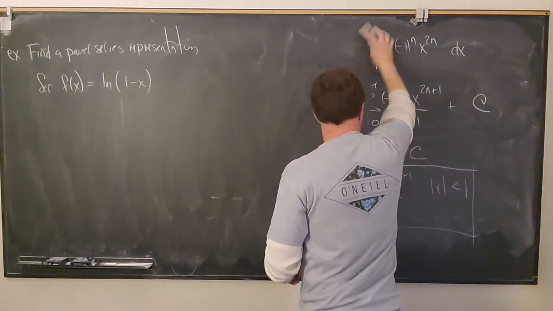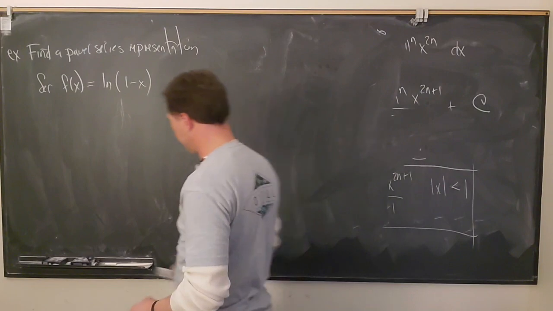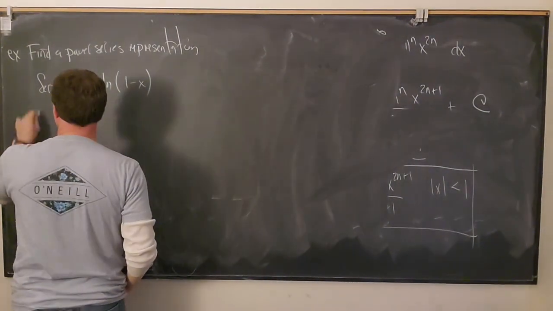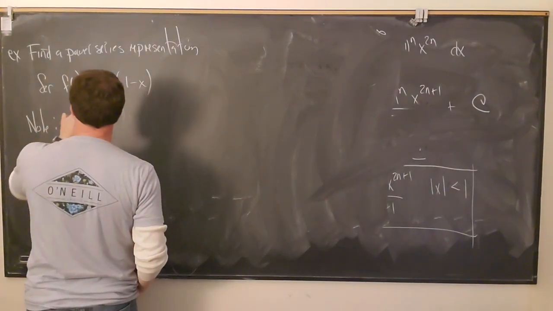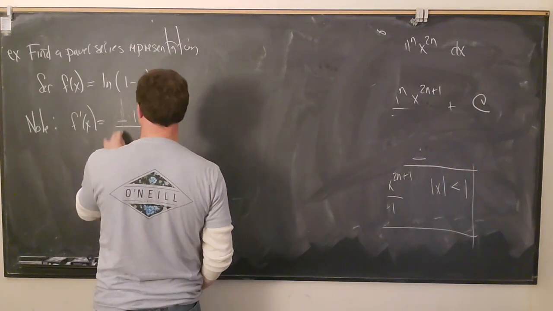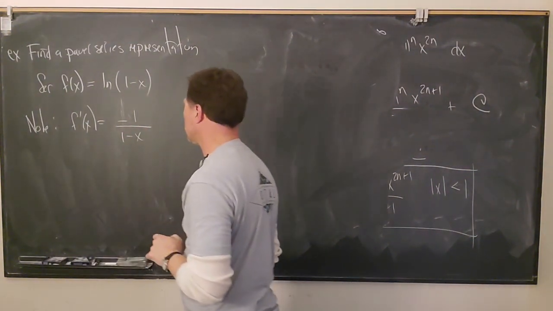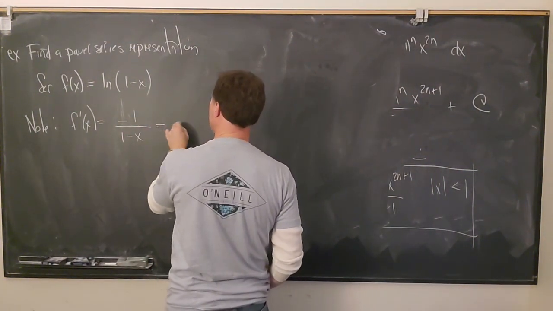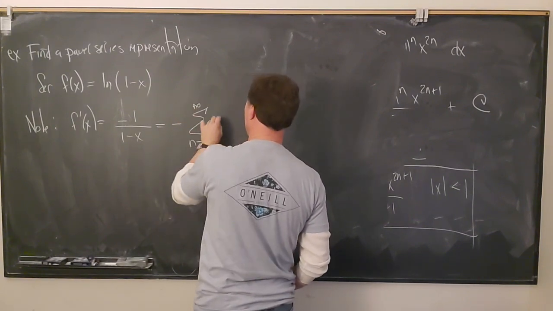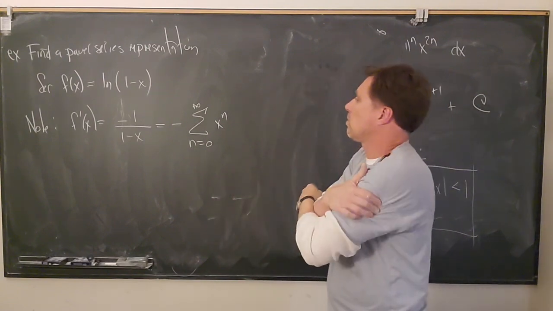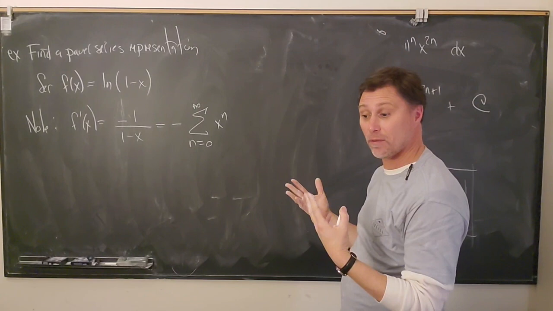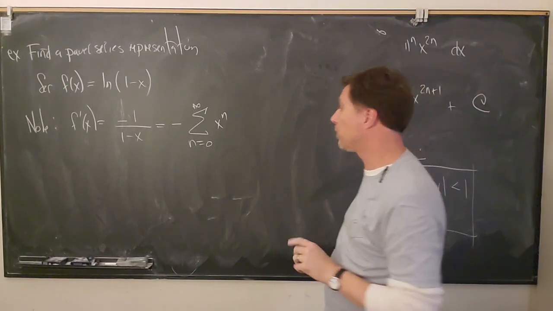So that's the idea. Let's work it all out here. So note f prime of x is going to be negative 1 over 1 minus x, which is equal to negative sum n equals 0 to infinity x to the n. So if I want the power series representation for f, then I need to take the antiderivative of both sides.